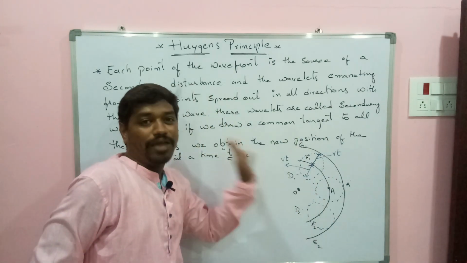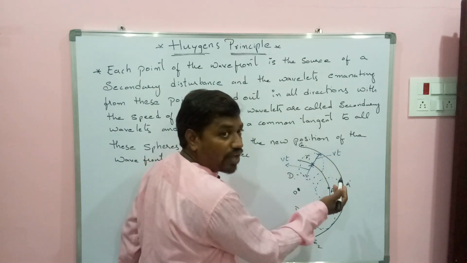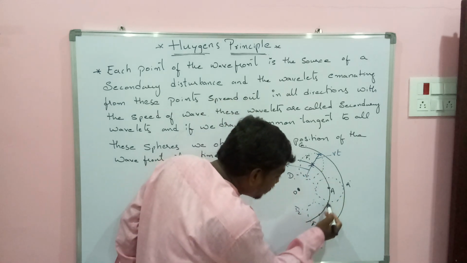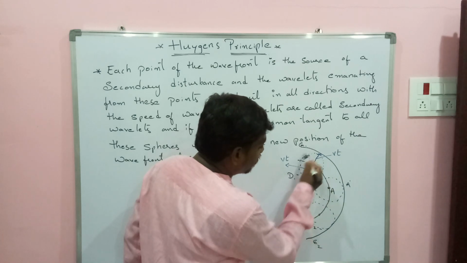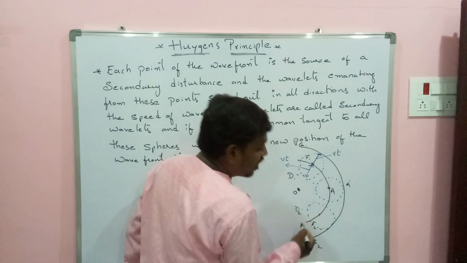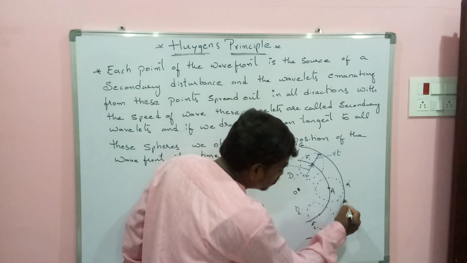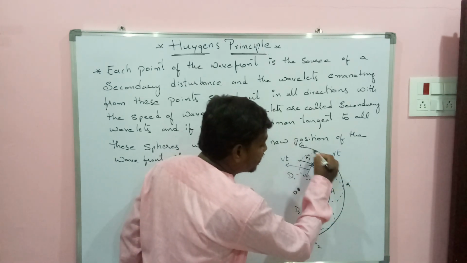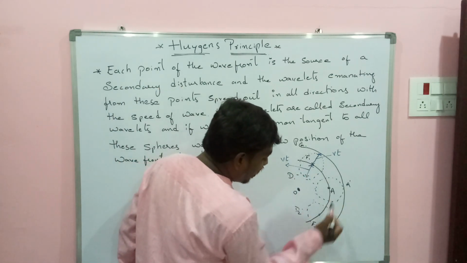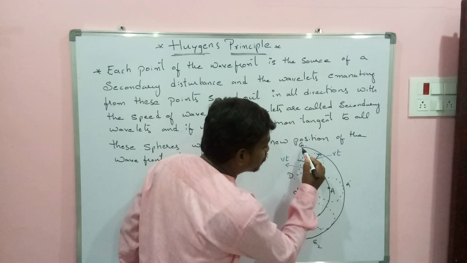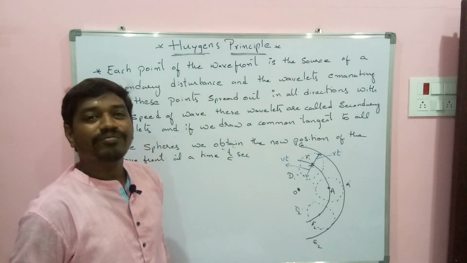Here it is primary, and as it emits the wavefront, these also start emitting wavefronts. So they are emitting spherical wavefronts, and the line joining all those spheres, which is called the common tangent, is the second position of your wavefront. So the wavefront F1, A, F2 has advanced to G1, A1 and G2.